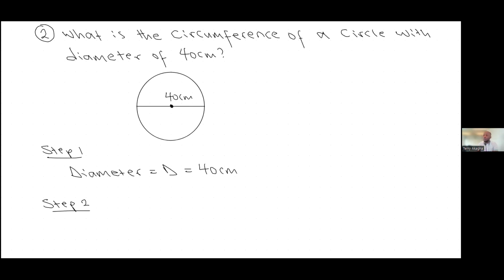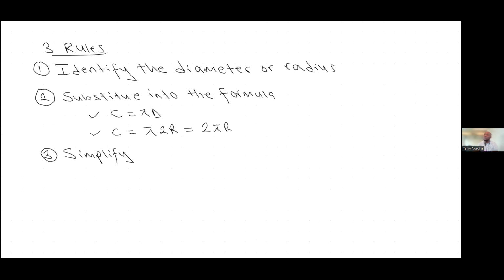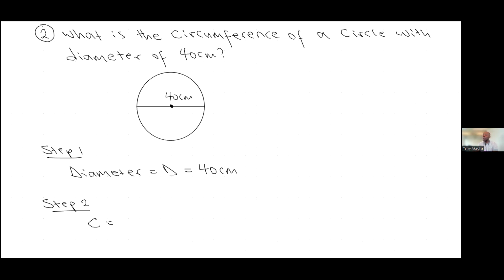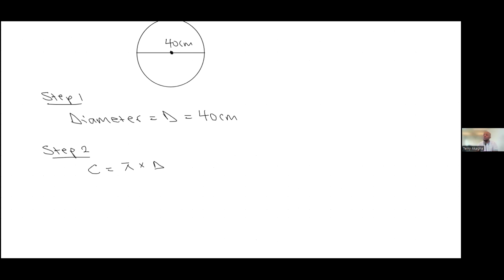Because we're given the diameter, remember the formula is pi d. Are you seeing it? You have to substitute into the formula pi d. So the circumference is going to be equal to pi multiplied by the diameter, so it's going to be pi multiplied by 40.